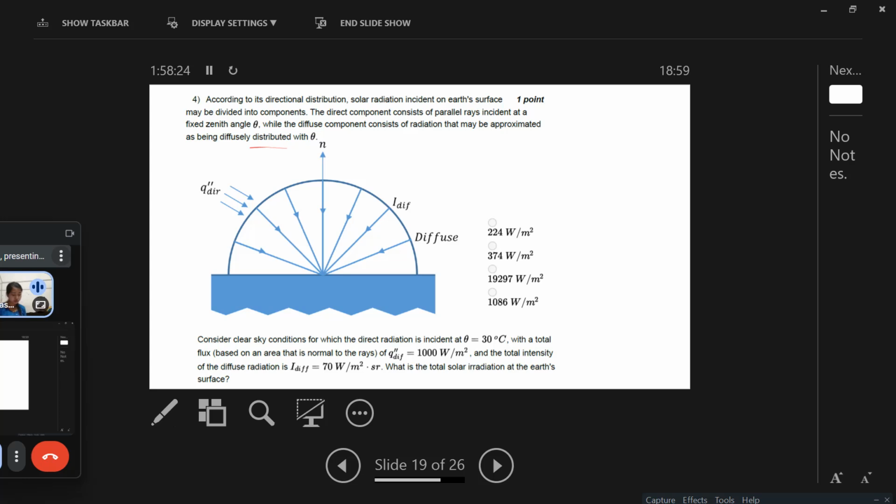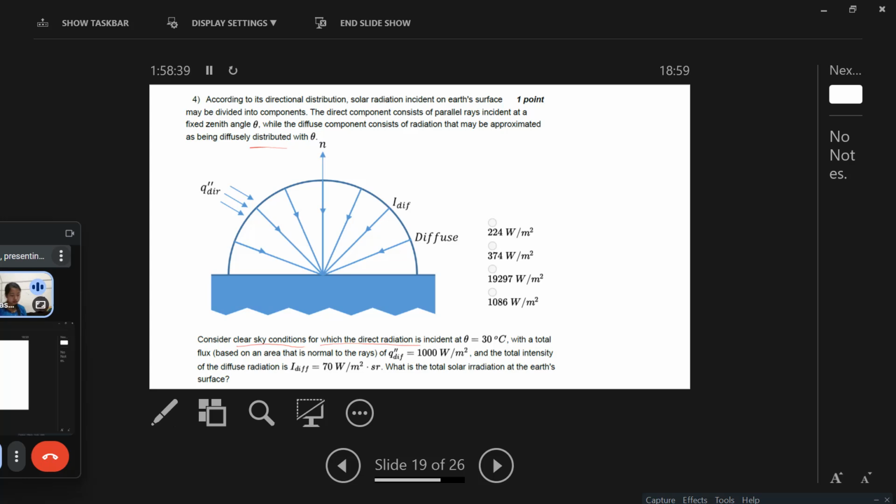Now we just need to find out what is the... Okay. Consider clear sky conditions for which the direct radiation is incident at theta equal to 30 degree.